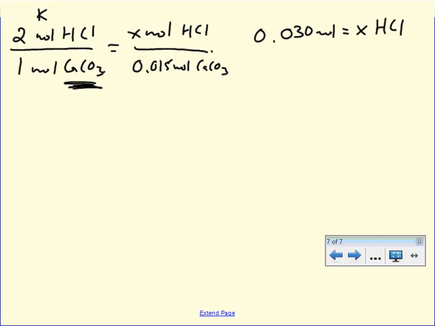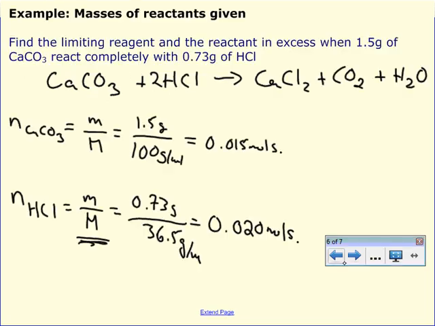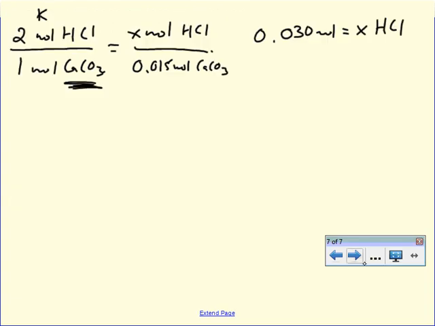Alright, so now I've got to think, do I have 0.03 moles of HCl? Looking back, no, I only have 0.02. So that tells me one very important thing. If I only have 0.02 moles, that means this is too much. That means this is limiting.